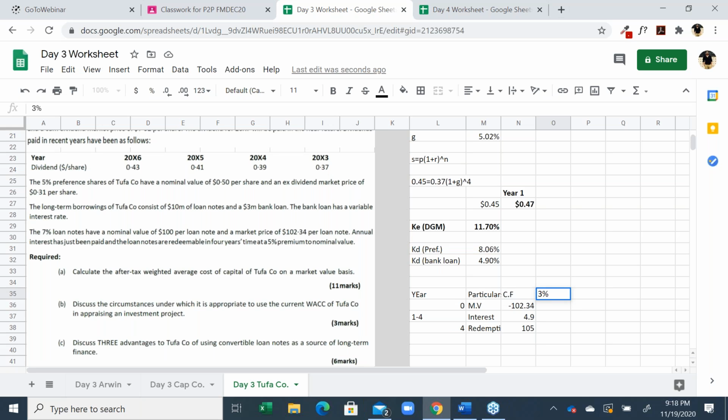I've just randomly assumed. And for 3%, we need discount factors and annuity factors. So the discount factor for zero cash flow will always be equal to 1. Here we have to use annuity factor for 4 years. So the formula for annuity factor is 1 minus 1 plus R, which is 3%, I have assumed 3% from my own side, raised to the power minus 4, and whole divided by 3%.